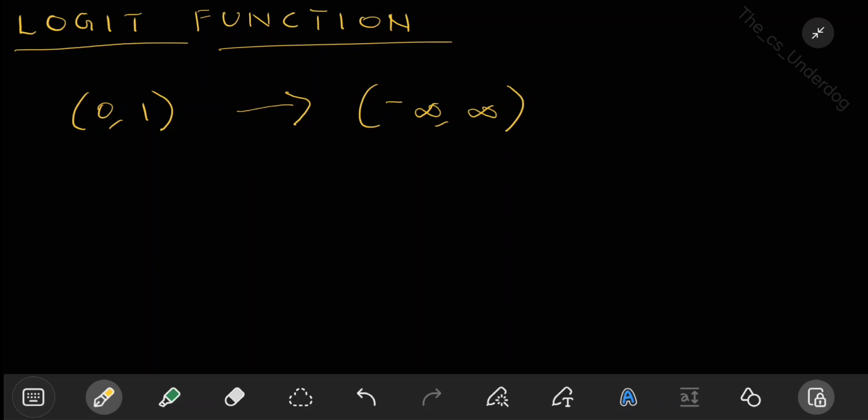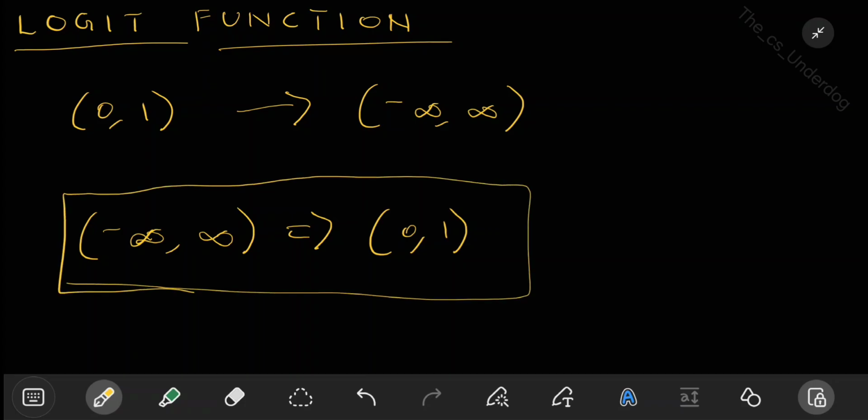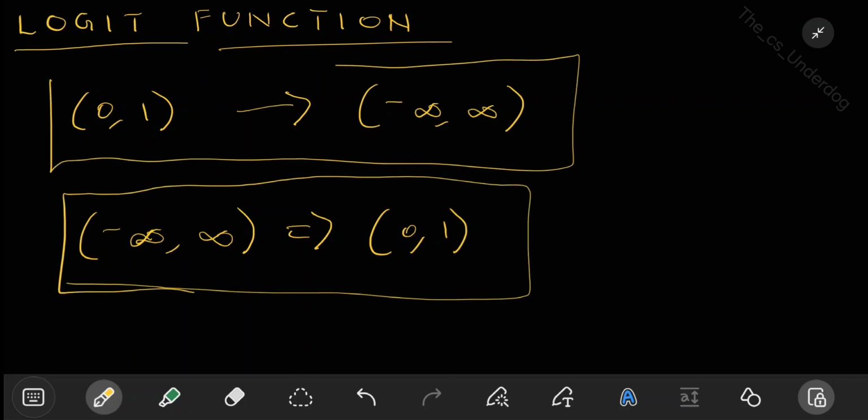If you remember from 2 lectures back, we had seen something very similar to this. Another function did something very similar. What is that? That's the sigmoid function. What did the sigmoid function do? We learned that the sigmoid function takes values in the range minus infinity to infinity and maps them to a value between 0 and 1. Whatever the sigmoid function used to do, the logit function is doing the exact opposite.